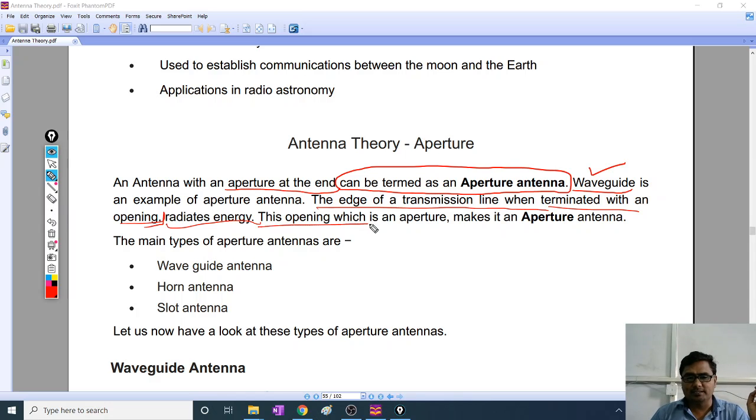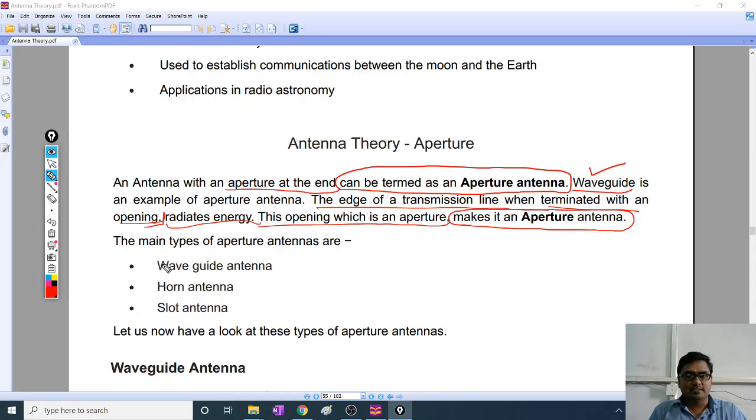This opening, which is an aperture, makes an aperture antenna. Those antennas which end with some surface area and have the ability to radiate the signal are aperture antennas.